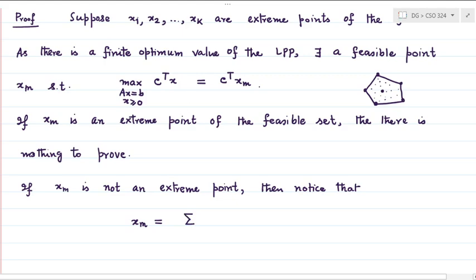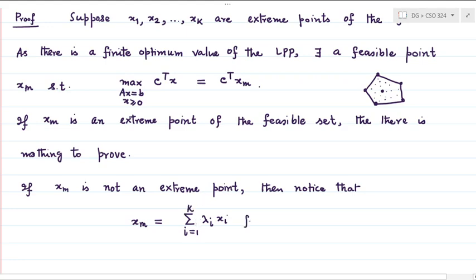So how many extreme points do you have? x1, x2 till xk. So lambda 1 x1 plus lambda 2 x2 plus, way up to, lambda k xk. So in a compact way, in summation form, we can just write it as the sum of lambda i xi, i ranging from 1 to k. Fine.